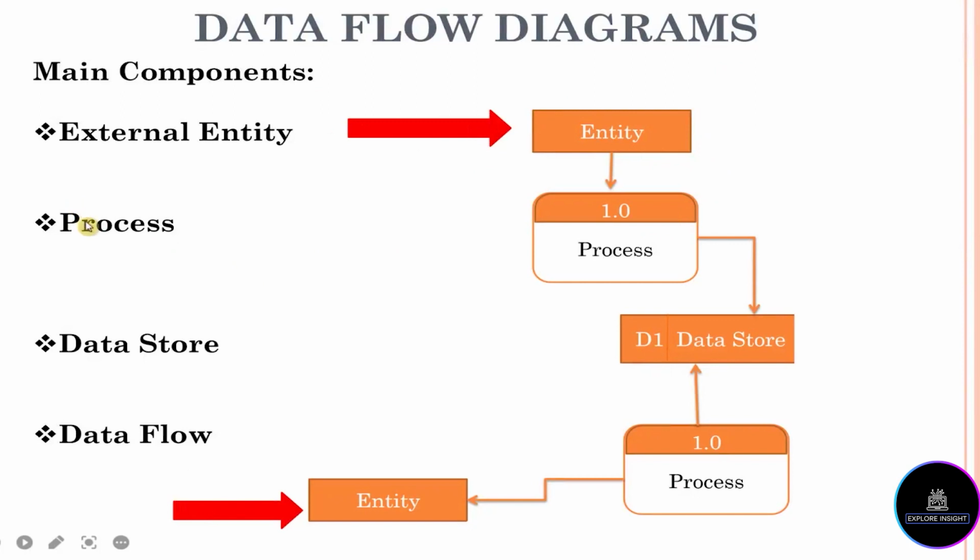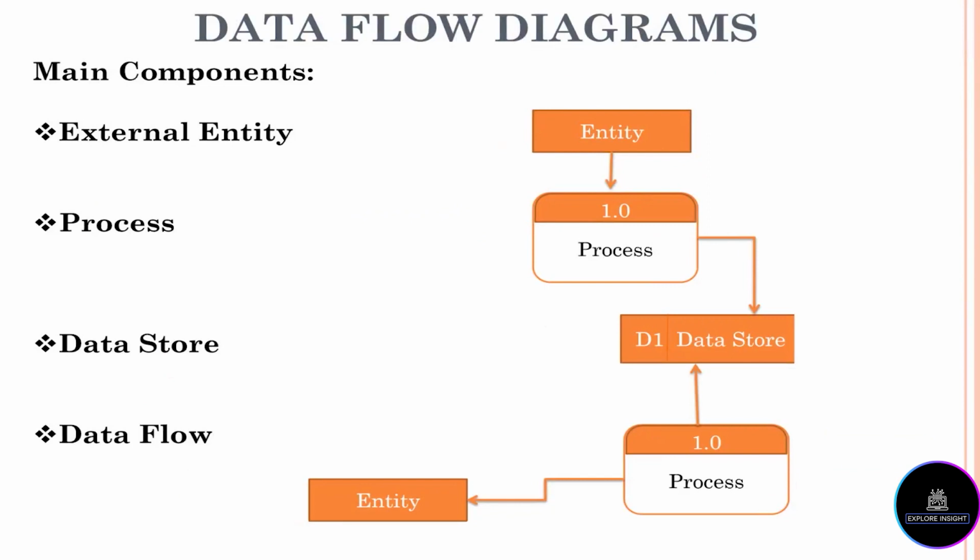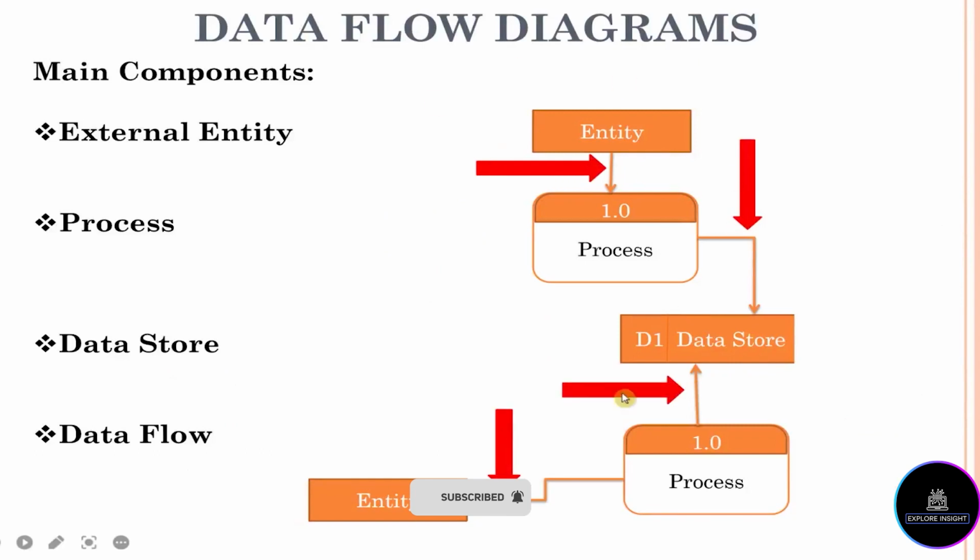So in this diagram, we have 2 processes. And next is the store, which can be seen here. Next, we have the data flow, which can be seen in 4 places. Moving further, I would like to give you more details about each of these components.